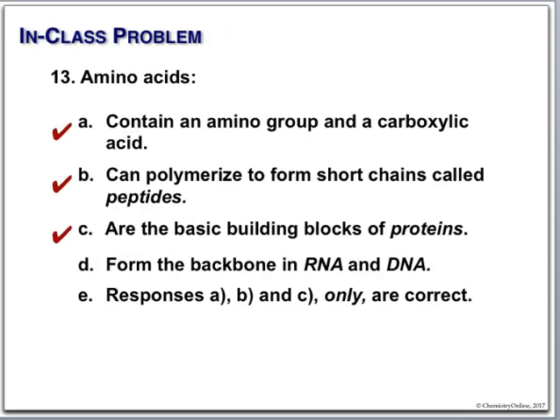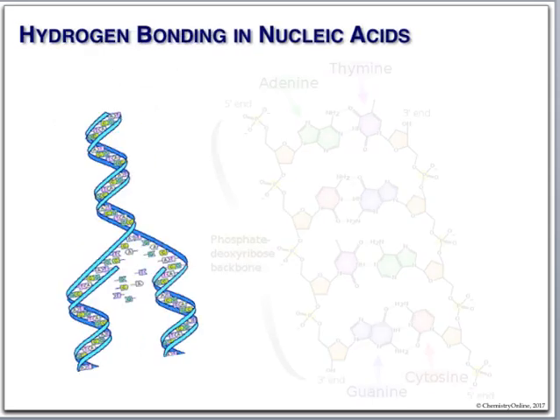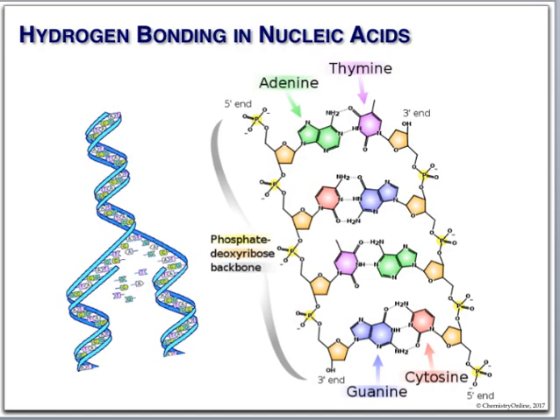Finally, form the backbone in RNA and DNA. Well, remember what we said about RNA and DNA. Here's the double helix. Here it is expanded. We have bases, adenine and thymine up here, guanine and cytosine down here. Look at this.